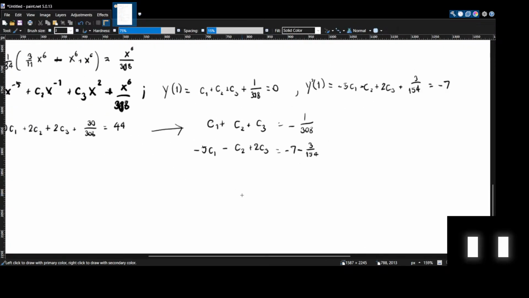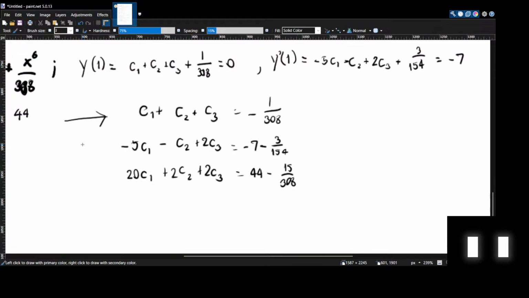And then lastly, 20c1 plus 2c2 plus 2c3 equals 44 minus 15 over 308. Alright, and now we have to solve this damn problem.